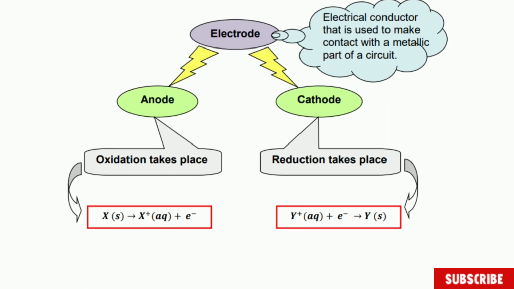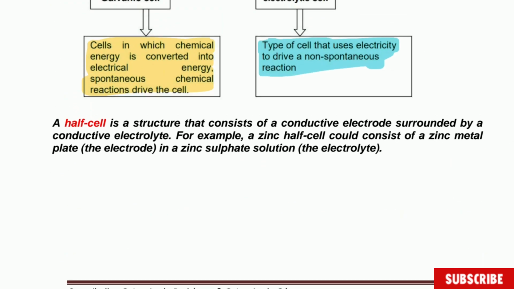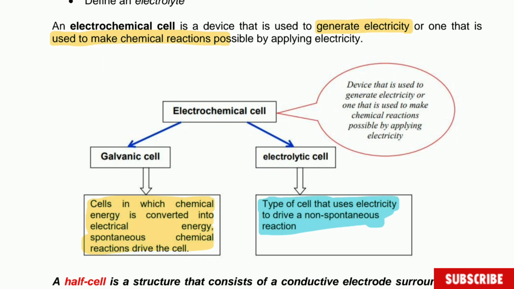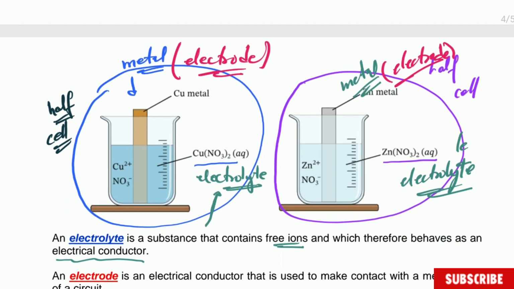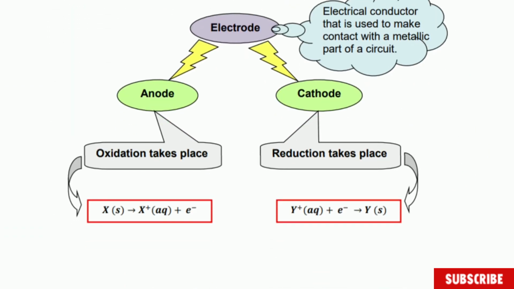Both cells, the galvanic and the electrolytic, will have electrodes, and each of them will have an anode and a cathode. In both of them, in the anode, oxidation will take place, and in the cathode, reduction will happen. That is very important.